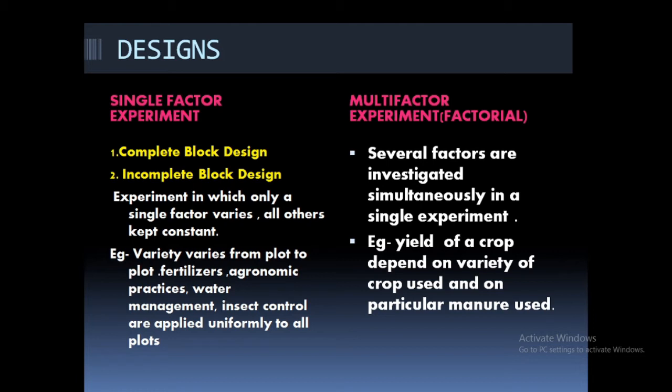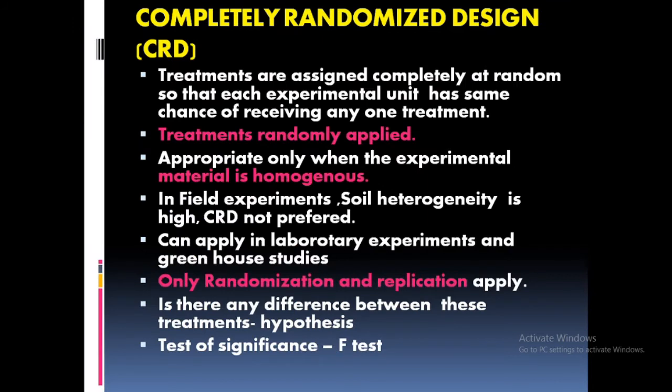We are investigating all these factors simultaneously in an experiment. That's known as a multi-factor or factorial experiment. Understood? So designs are of two types, single factor design and multi-factor design. Clear?